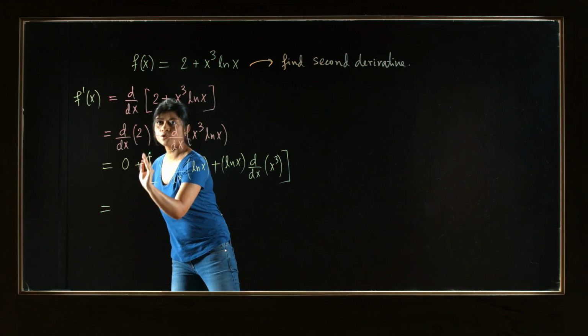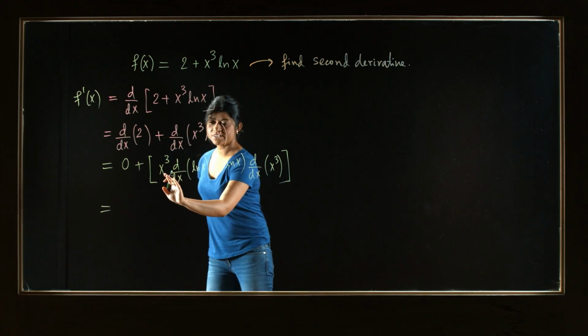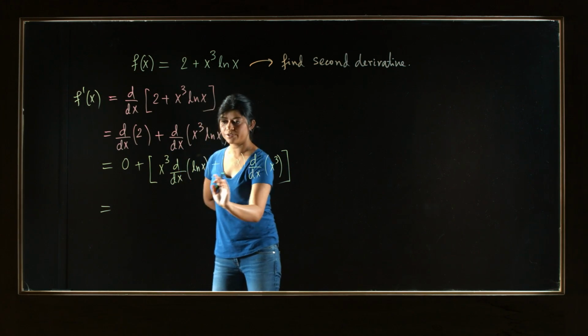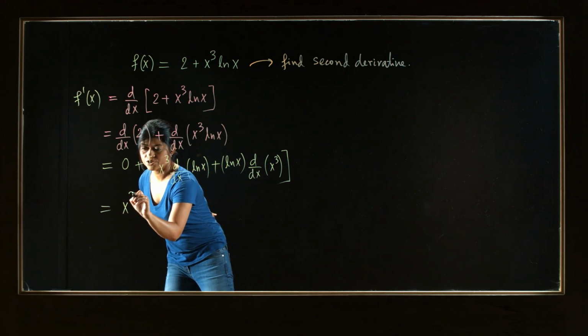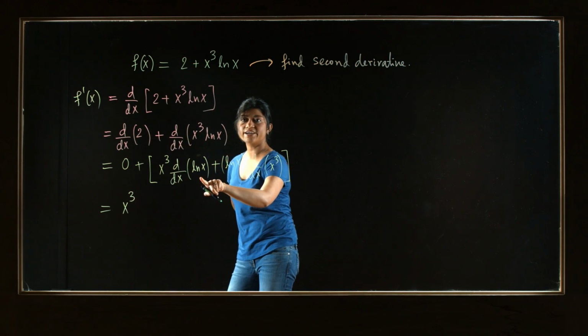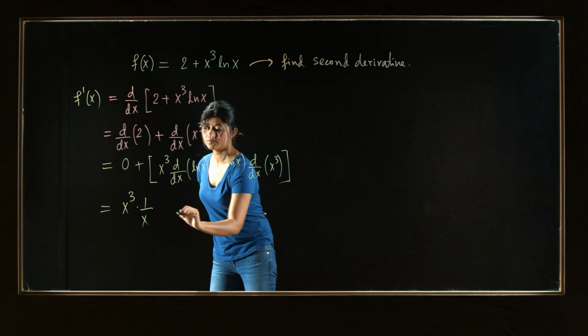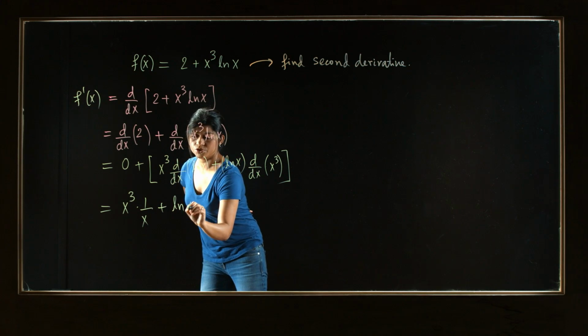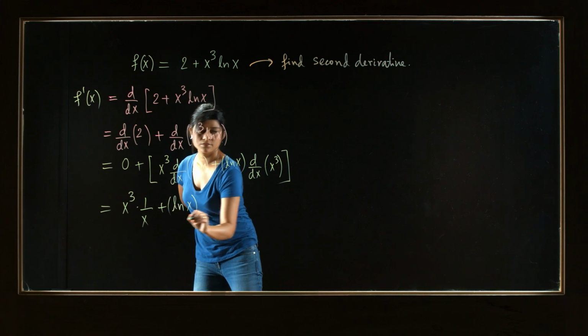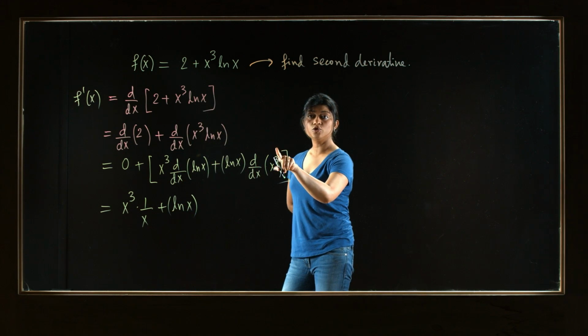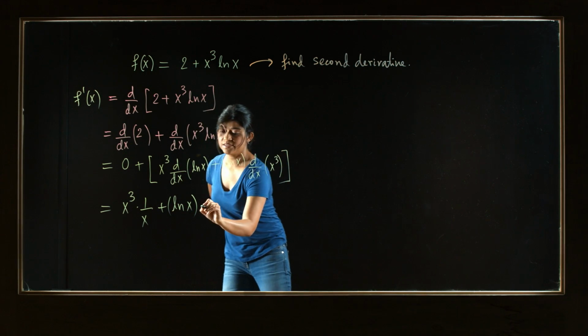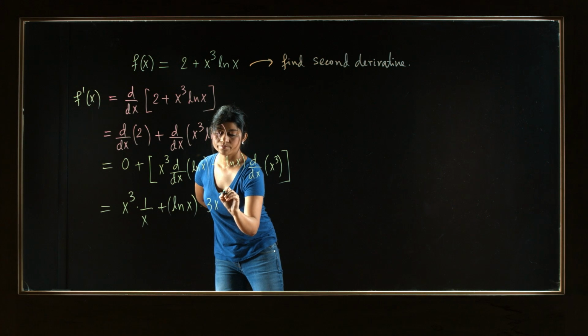Okay, 0 will just go away, and let's evaluate these two derivatives here. So we'll have x cubed. What is d dx of natural log of x? Just 1 over x. And then you write down natural log of x, and d dx of x cubed using the power rule is 3x squared.